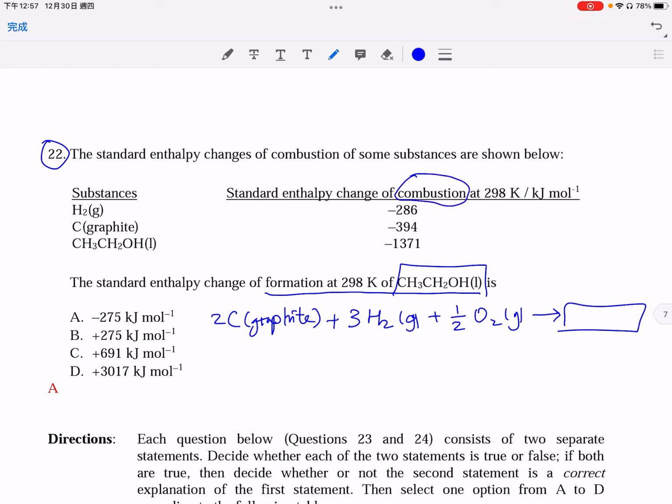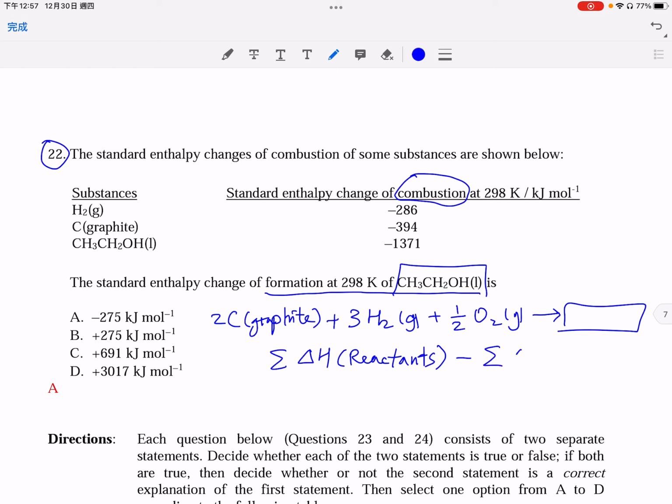So make sure you know that the data provided are the standard enthalpy change of combustion. So making use of such data, you need to do the calculation.